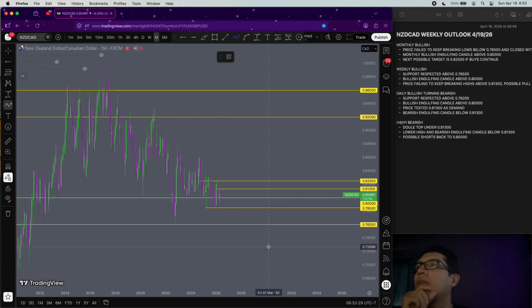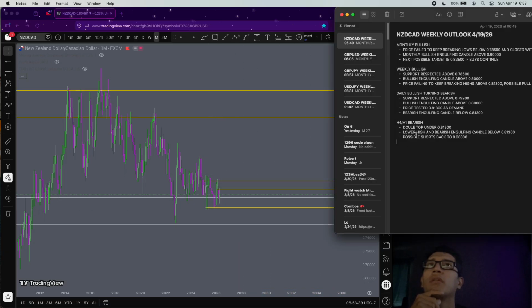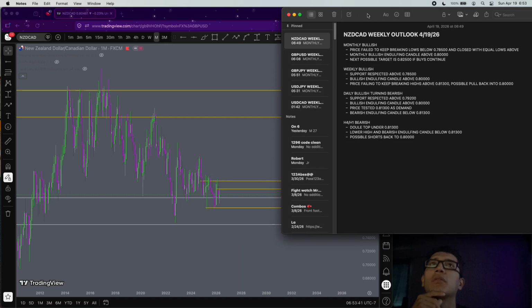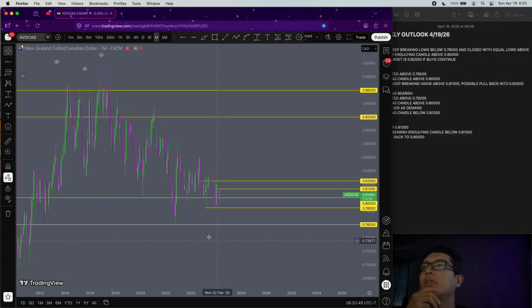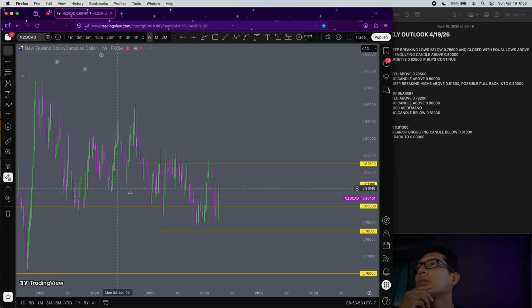And not only do we have a monthly bullish engulfing candle above 0.80, we have a series of higher lows, and then price failed to keep on breaking lows below 0.78500. Price failed to keep on breaking lows below 0.78500 and closed with equal lows. As you can see, now we hop from the monthly to the weekly.